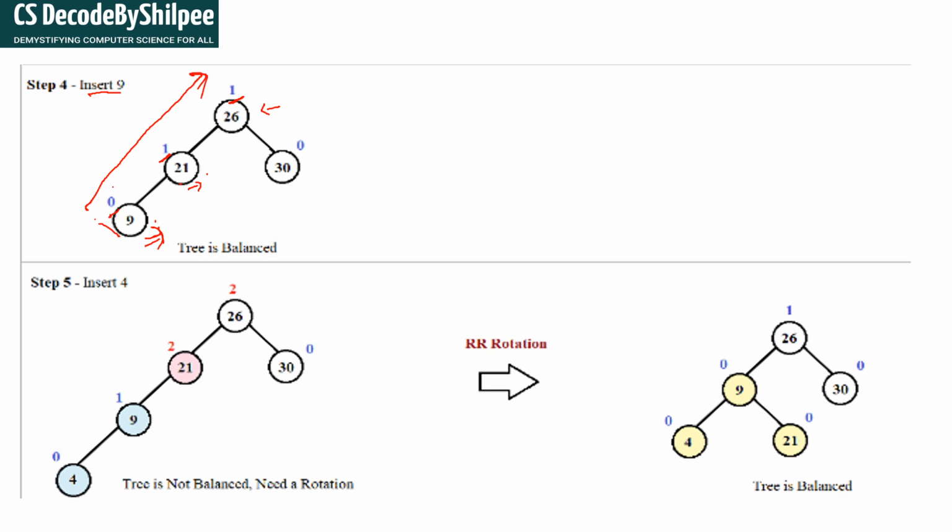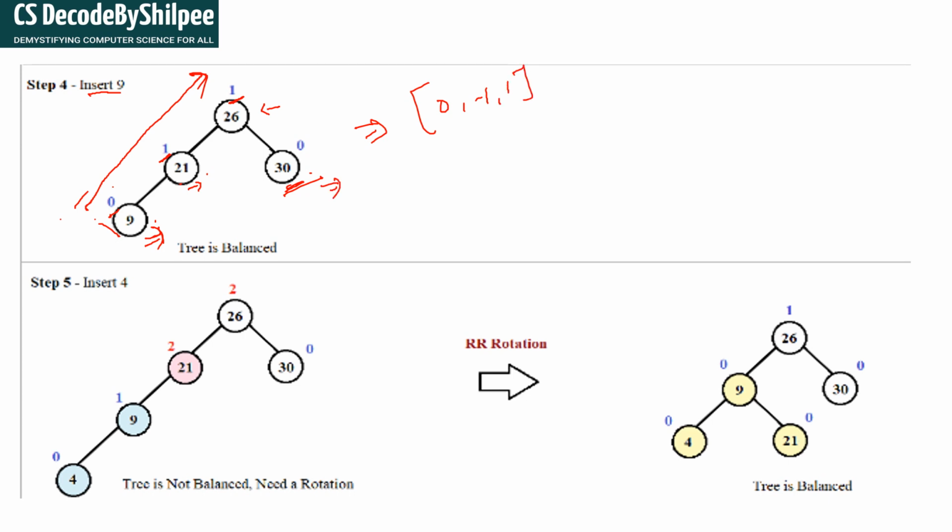Then we'll calculate the other nodes' balance factors also. If all the balance factors are coming in the range 0, -1 and 1, it means that this tree is balanced.